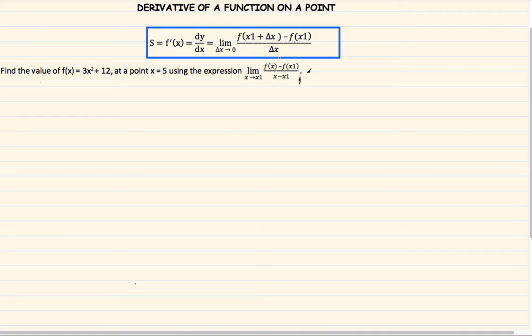For that, we are going to be using the function f of x is equal to 3x squared plus 12 at the point x is equal to 5. So the point x is equal to 5 is actually our x1. We are going to first use the expression that was given and then compare the result we have with the definition of derivative.